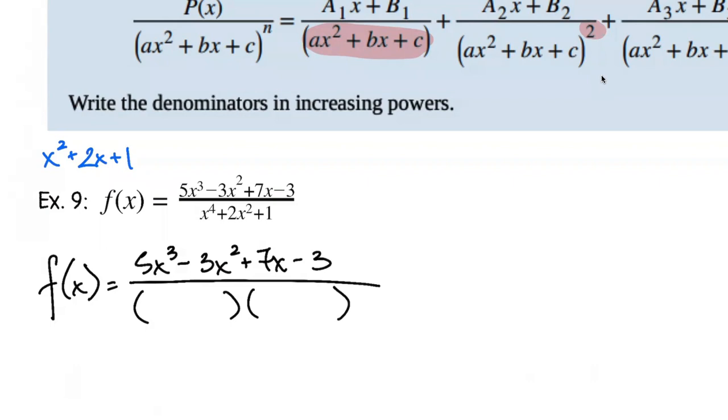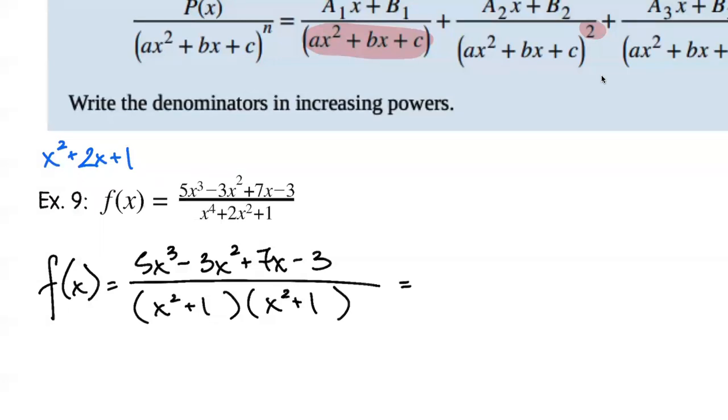It's x squared plus 1, and then x squared plus 1. So unlike the other question we looked at, this one has the same factor happening more than one time.